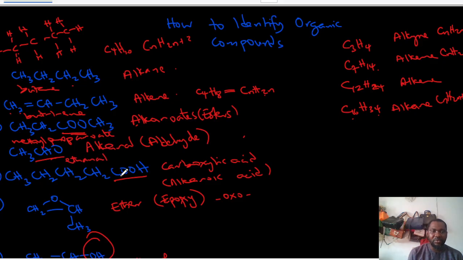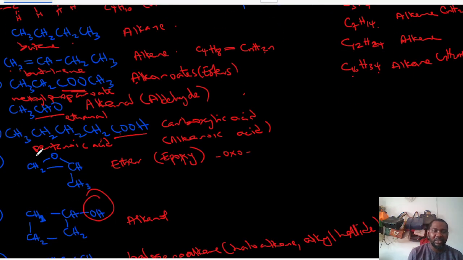The name of this one is 1, 2, 3, 4, 5. This is pentanoic acid. I have a video for naming of organic compounds. Okay, so this is just to keep us busy.